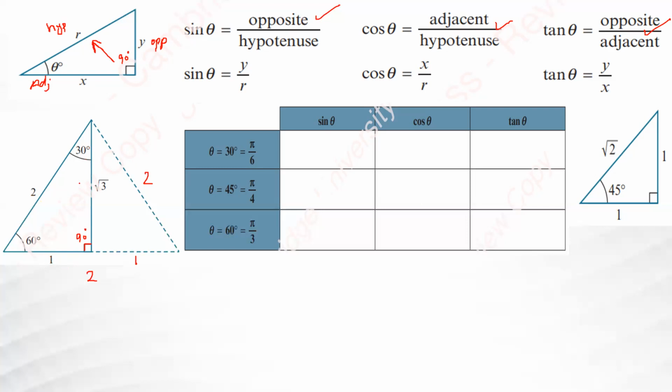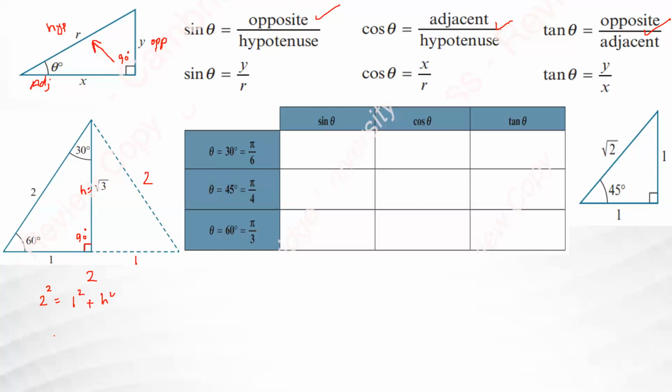How to find the height? Here we can apply the Pythagoras theorem. If we have a right angle triangle, we can use the Pythagoras theorem, which says the square of the longest side is equal to the sum of the squares of the other two sides. Means 2 squared is equal to 1 squared plus h squared.